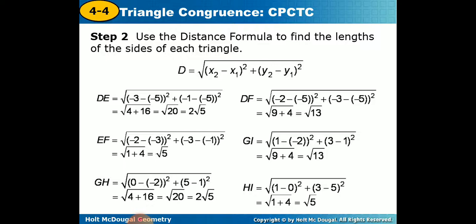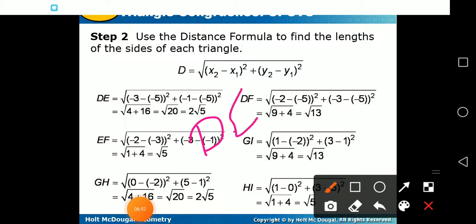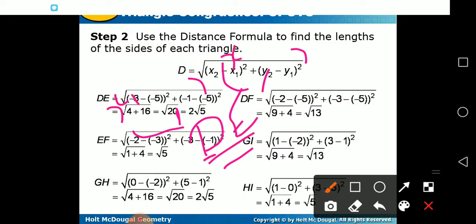I am calculating the distance of D and E. D is a point with its coordinates, and E is another point with its coordinates. This is x sub 1, this is x sub 2, this is y sub 1, this is y sub 2.